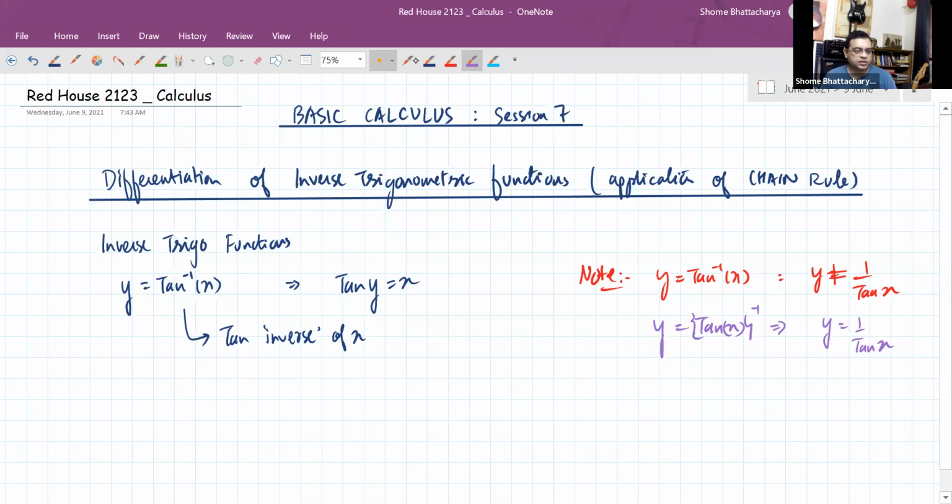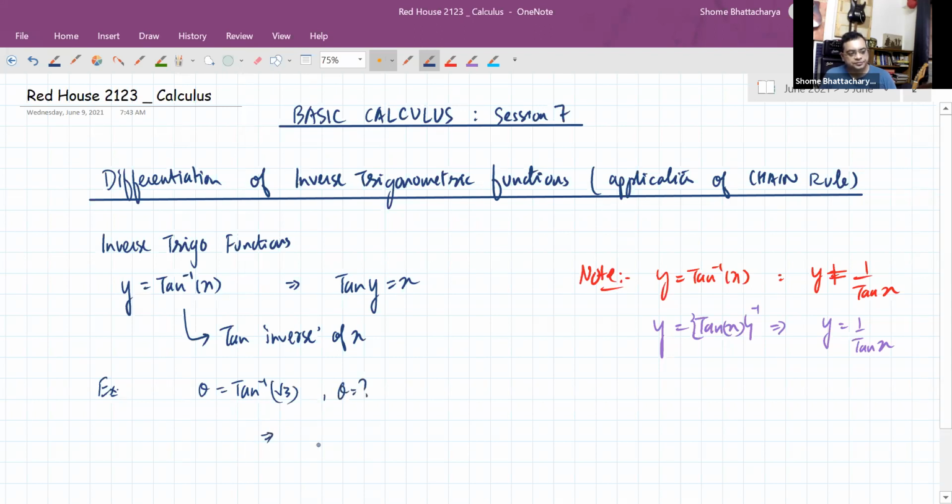So how does this work? Let's understand. For example, suppose we have some quantity, let's say theta is equal to tan inverse of root 3. From this we want to find out theta.